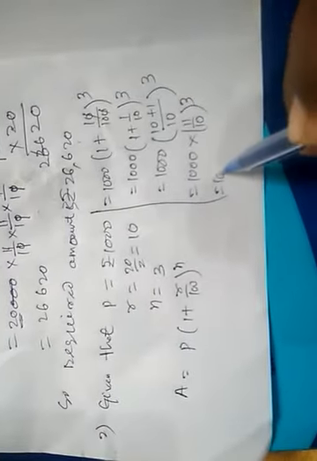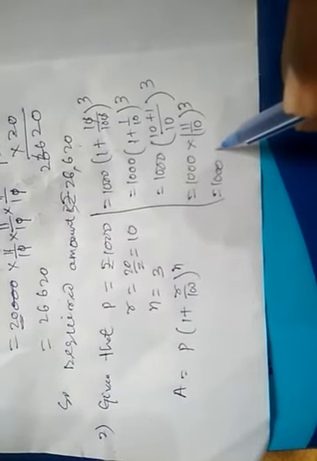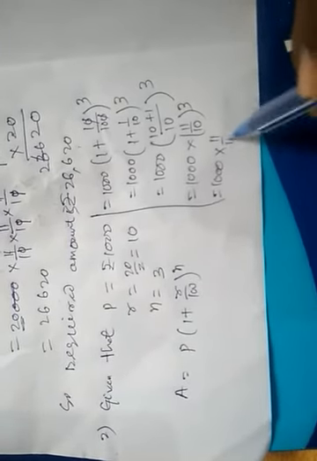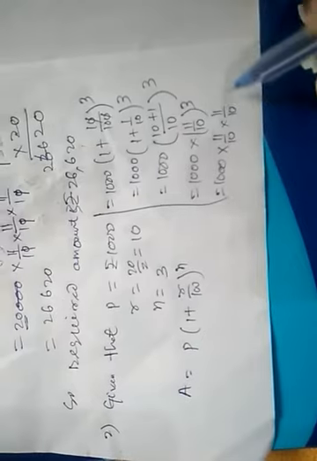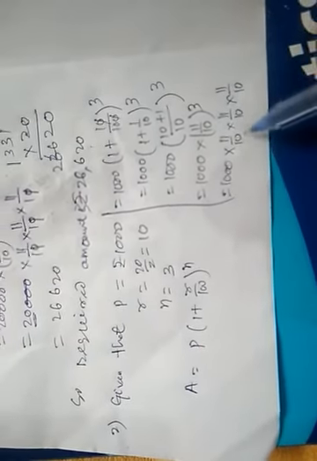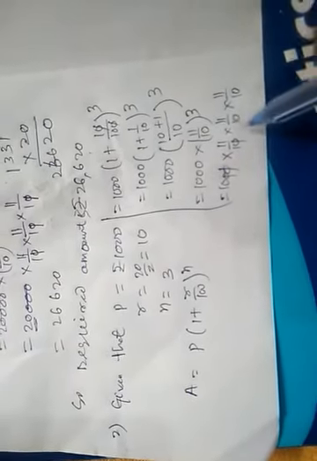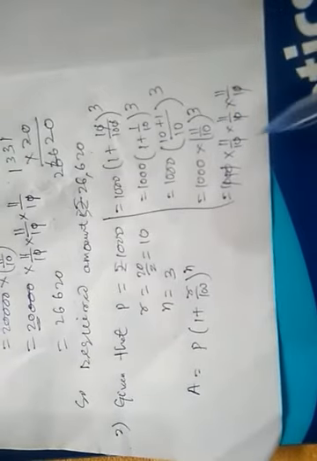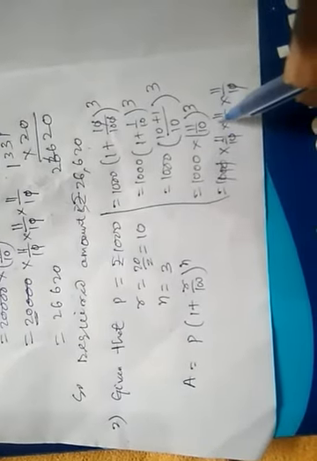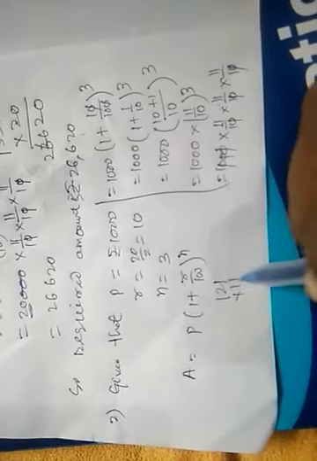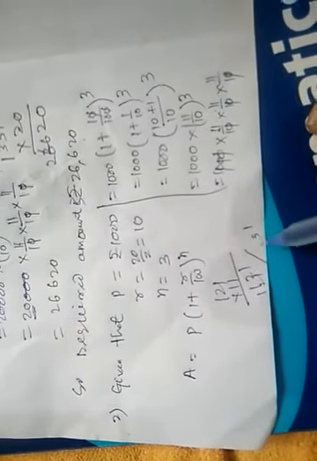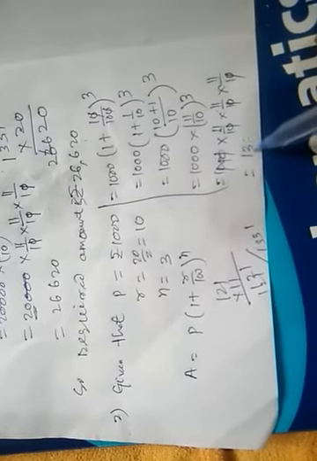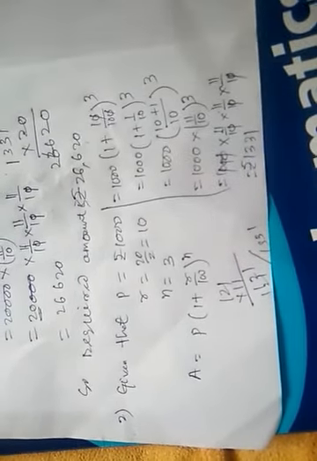So that is equal to 1,000 into 11 by 10 into 11 by 10 into 11 by 10. So 10 and 10 cancel, and 10 and 10 cancel, leaving 1 0 0 0. So 11 into 11 is 121, 121 into 11 is 1 3 3 1. That is your amount.